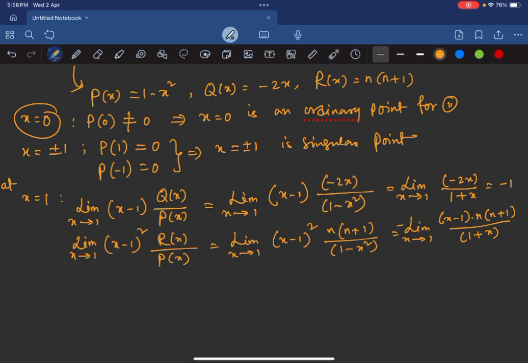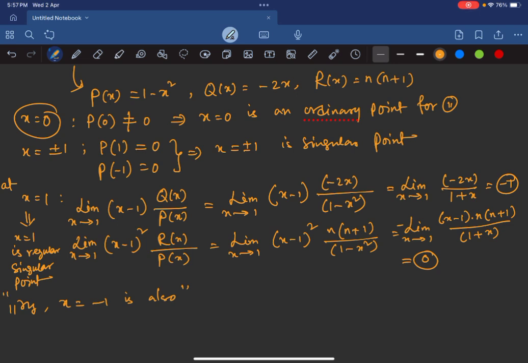Correct. So here also you are getting 0 as the value. Okay, so both are finite. So you can claim that x equals to 1 is a regular singular point. Similarly, you can check that x equals to minus 1 is also a regular singular point.